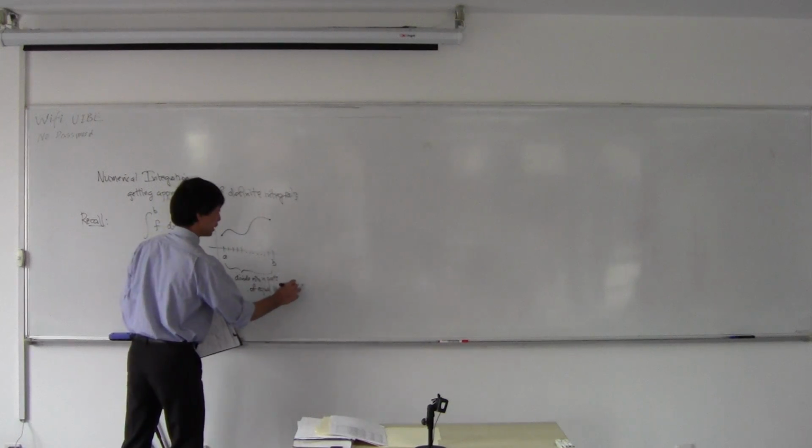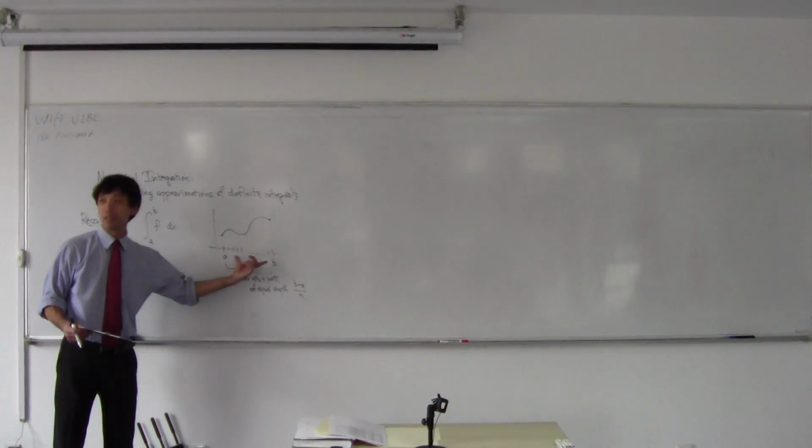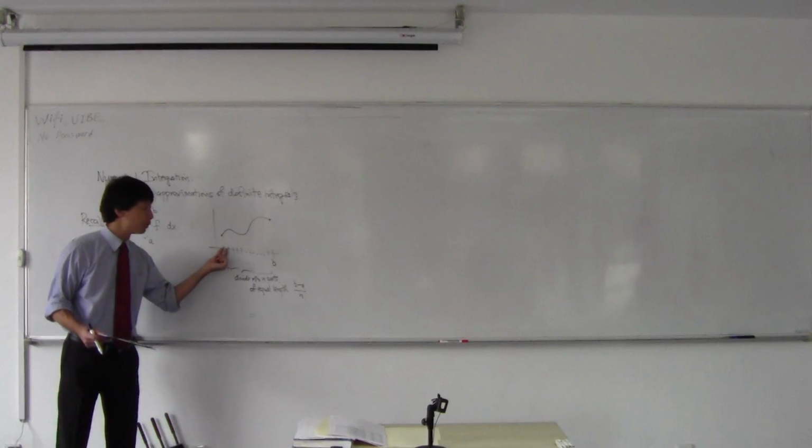So b minus a over n is going to be the length of each piece: you divide this full interval into n subintervals, and each one has length b minus a over n.